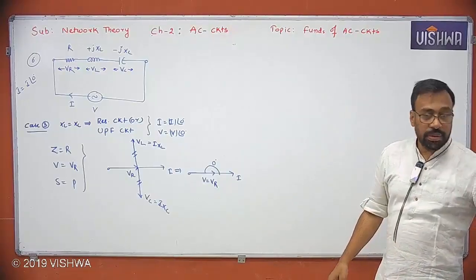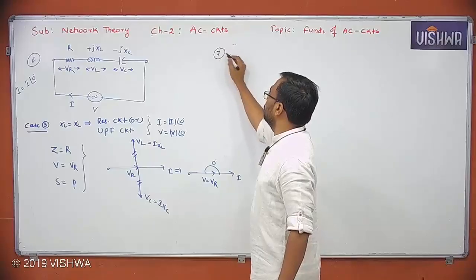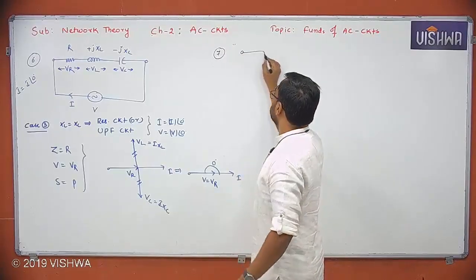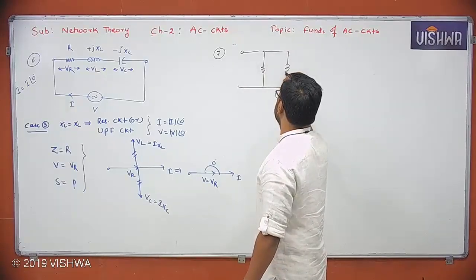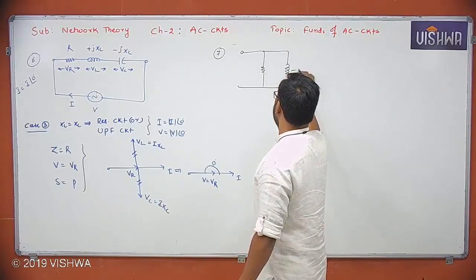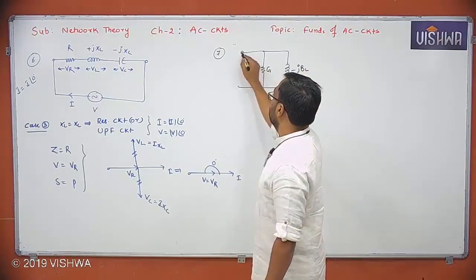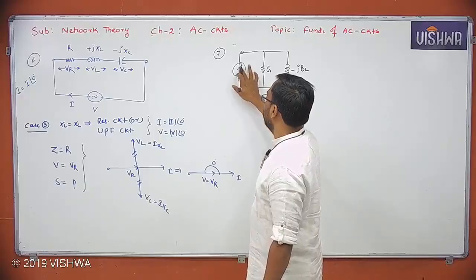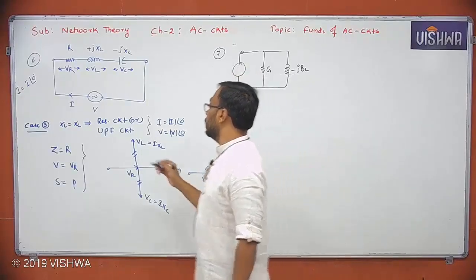Similarly, for the RL parallel circuit, the seventh one, RL parallel circuit, G minus JBL, excited by a current source. This is the voltage source.